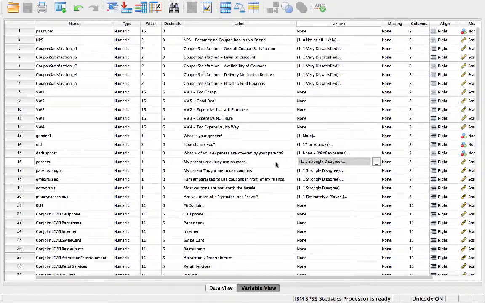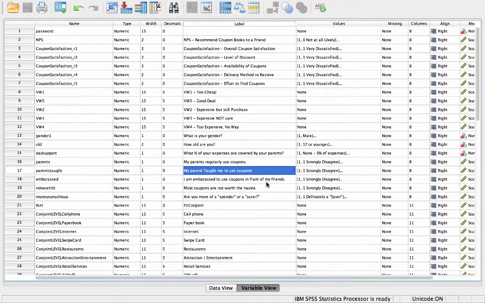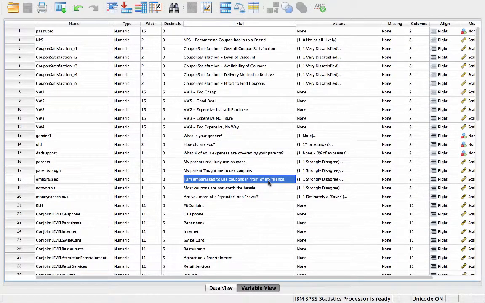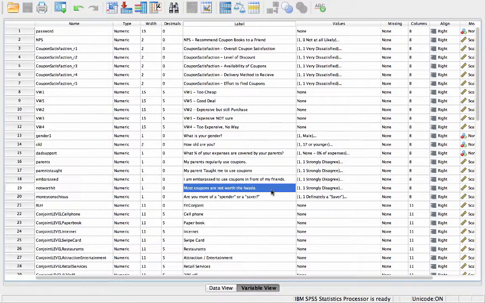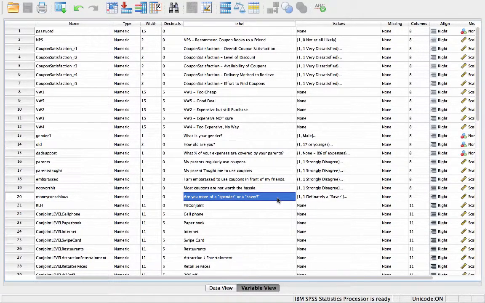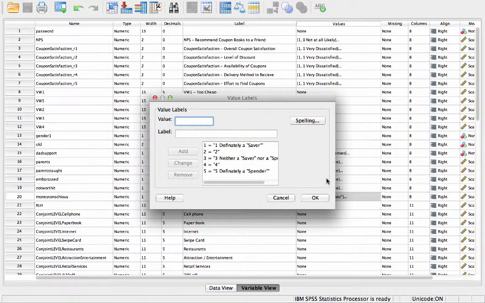We have how much they agree with: my parents regularly use coupons; my parents taught me to use coupons; I'm embarrassed to use coupons in front of my friends; coupons are not worth the hassle. And are you more of a spender or a saver? 1 would be definitely a saver, 5 would be definitely a spender, and 3 is in between those two.